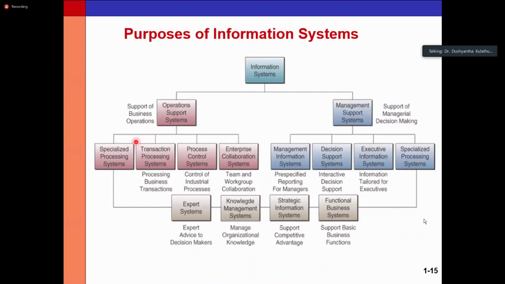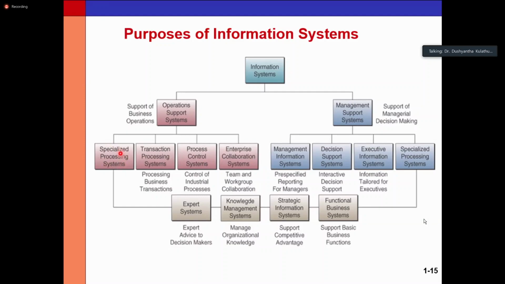Then operation support systems again are divided into other subcategories. There are three specific categories identified here under operation support systems: transaction processing systems, process control systems, and enterprise collaboration systems.